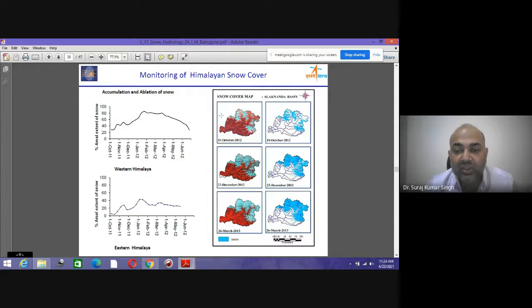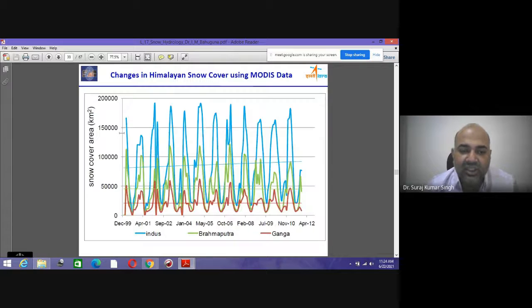What are the accumulation zone and the ablation zone, whether the area is increasing or decreasing, what are the characteristics of northern Himalayan glaciers, what are the characteristics of central Himalayan glaciers, whether there is any change in the temperature pattern of any of the glacial types that we are mapping. This kind of variation can be easily mapped over various dates using satellite remote sensing data sets.